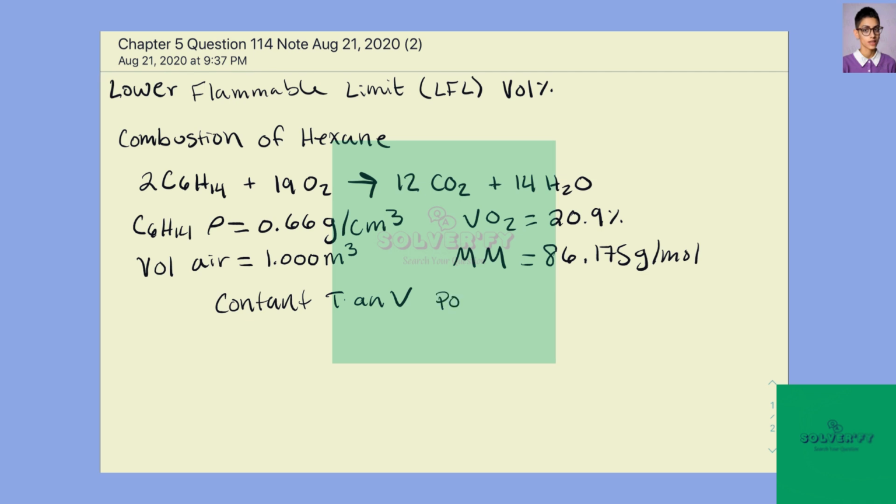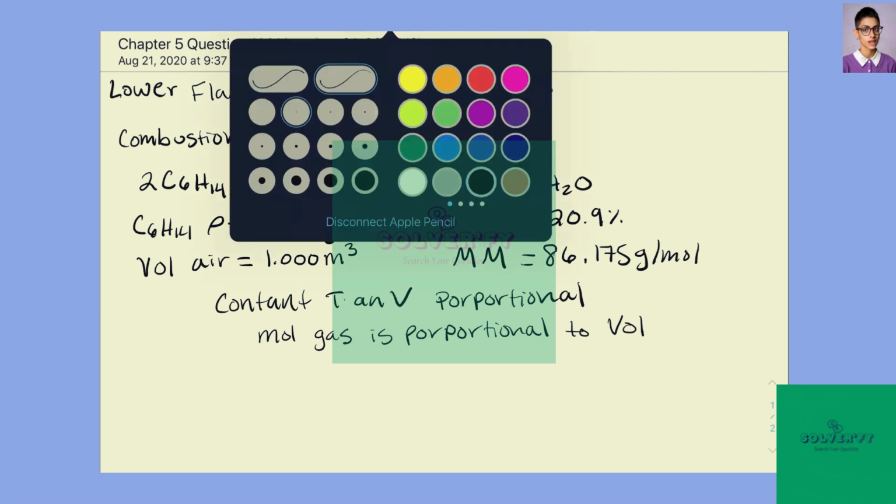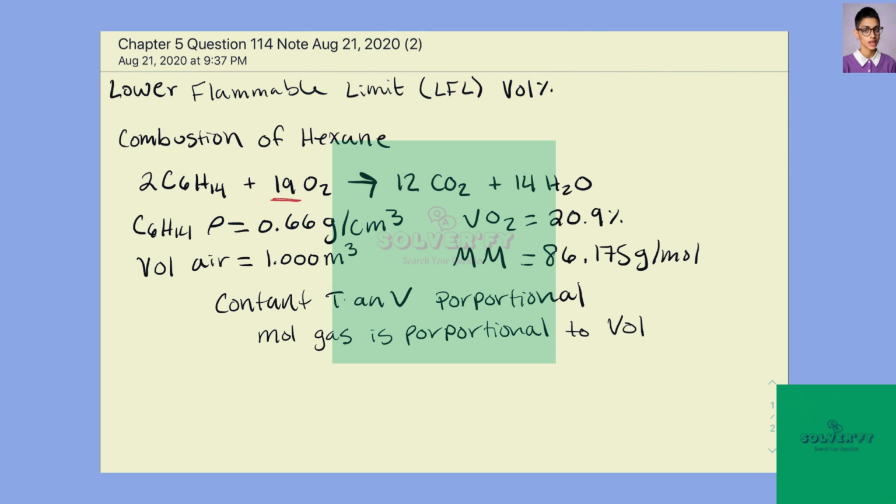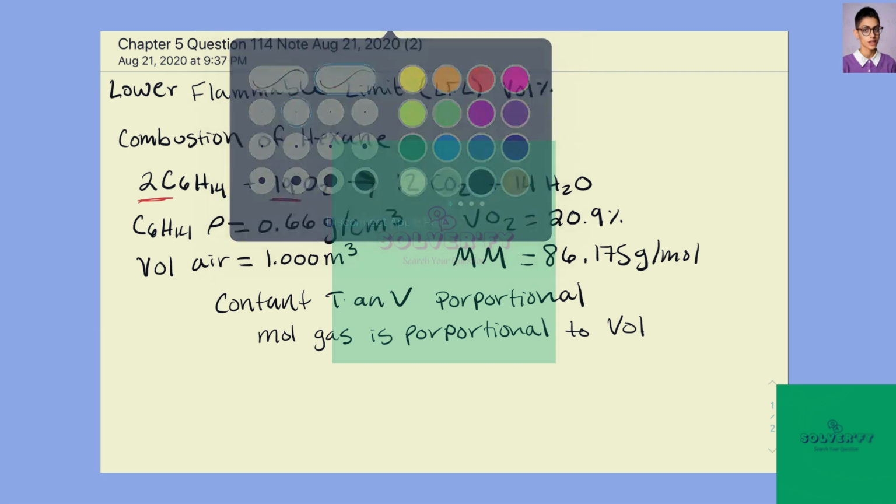Alright, so for our balanced chemical equation, for constant temperature and pressure, we know that the moles of our gas is proportional to the gas's volume. So as we can see in our balanced chemical equation, we have 19 moles of O2 and we have 2 moles of our hexane.